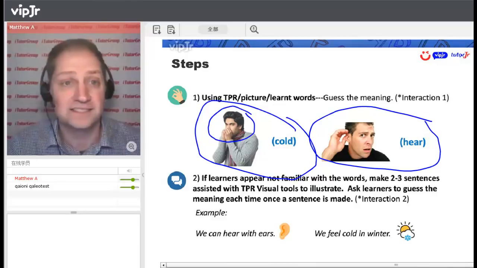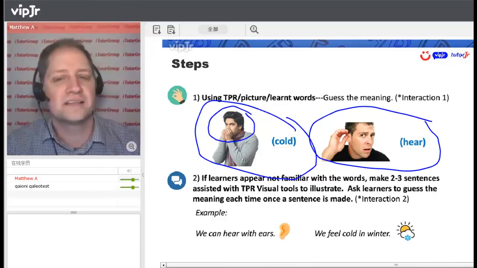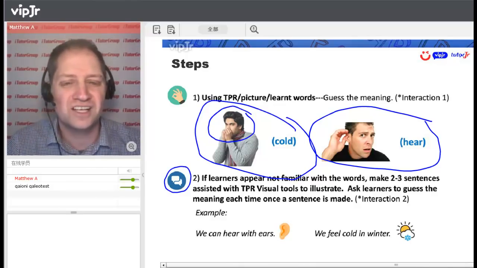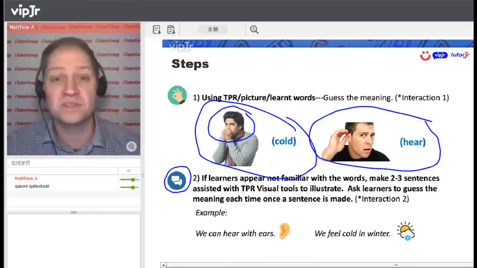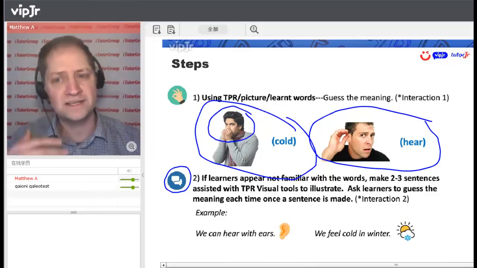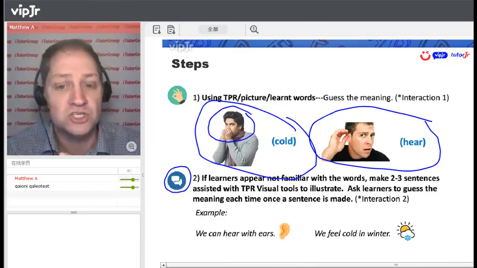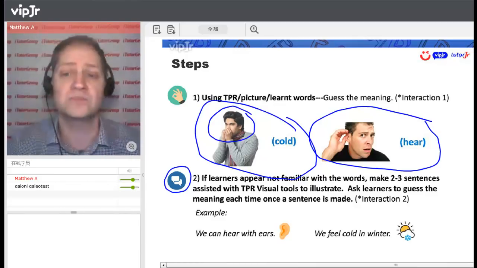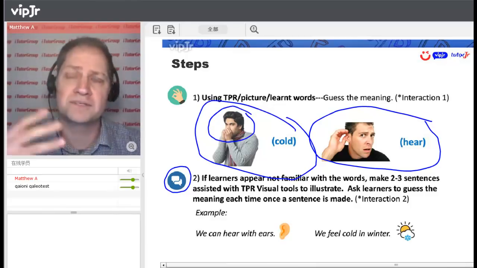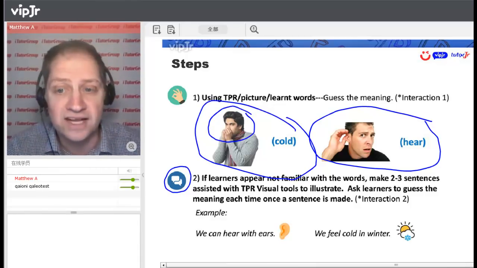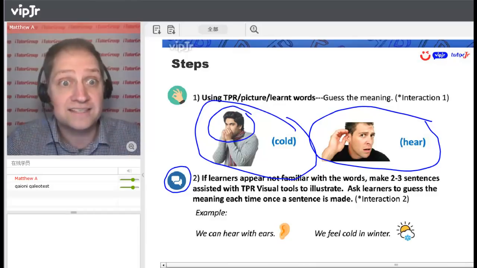Looking at step 2, what if our learners perhaps are not too familiar with the words? What can we do? Well, we can start to use some sentences, some small language chunks. Use the TPR as well to illustrate, and we can perhaps try and get the learner to interact, ask them to try and guess what we're saying.